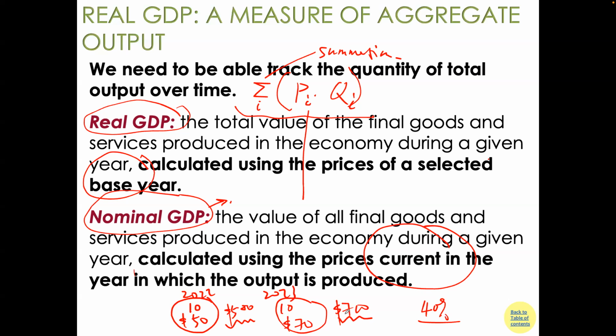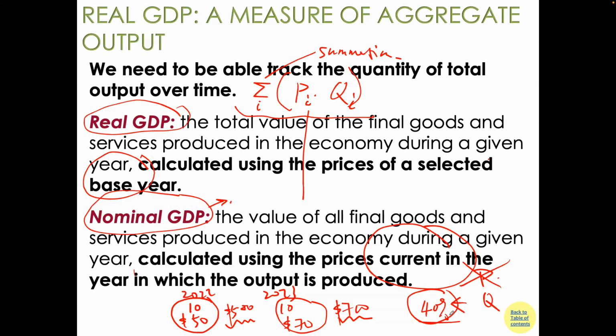In a crude way, nominal GDP is what we just computed. This 40% growth includes growth in price and growth in quantity, right? And for real GDP, we are trying to remove the price growth from the GDP growth.